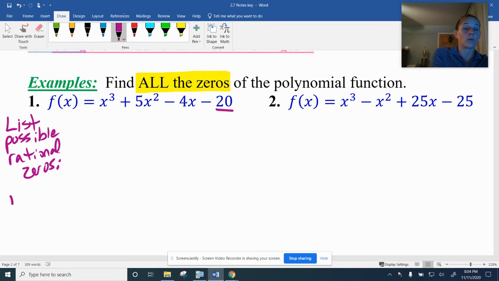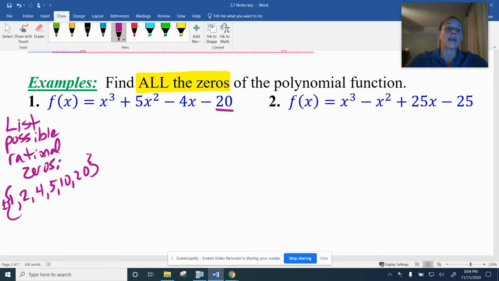So the factors of 20 are 1, 2, 4, 5, 10, and 20. But of course, you needed to make sure you included both positive and negative of all of those. And then if there were multiple factors of your lead coefficient, in this case, it's just 1, so we don't have to worry about it. But if it were a number other than 1, you'd have to list all those factors of 20 over the different factors of that number.